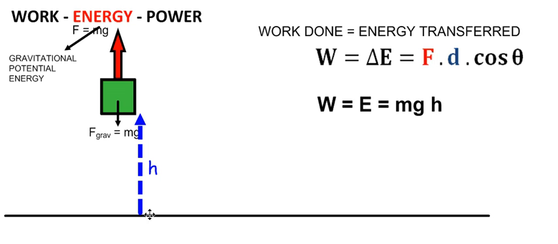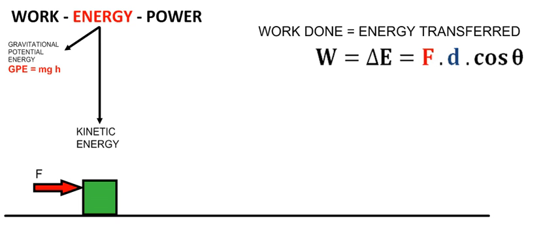Note that the direction of the displacement and the direction of the force is the same. Therefore, cos theta will be the cos of 0, which is 1. We call the energy transferred to the body gravitational potential energy, and we find it using the equation mg times the change in height.